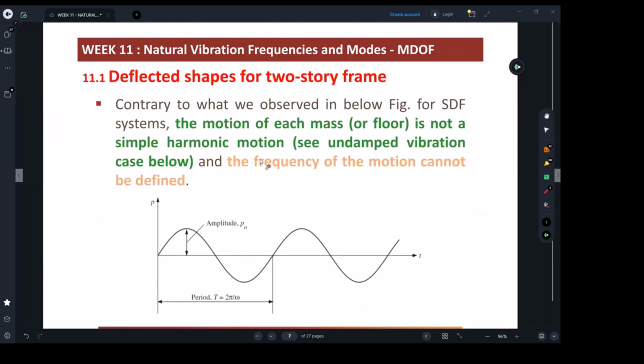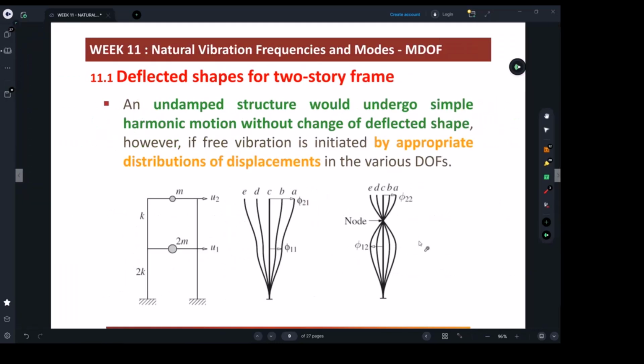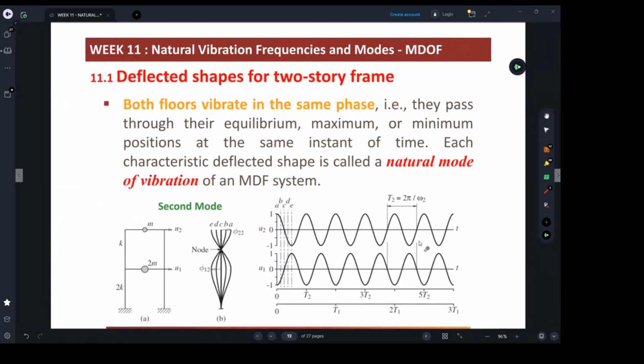Now, the other one, the very first one I was talking about, this one, it's very difficult to happen, and we're not worried about it, because even if it happens, its frequency is going to be very, very high, or the time period won't be significant at all. It's not something that I'm worried about as a designer. So there won't be resonance happening with such a response.